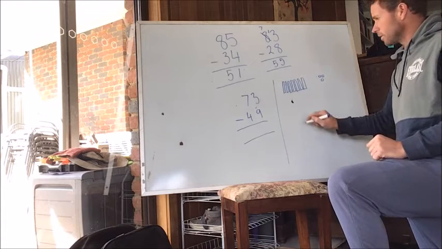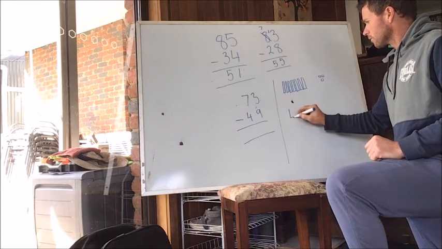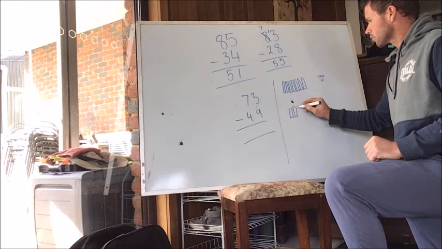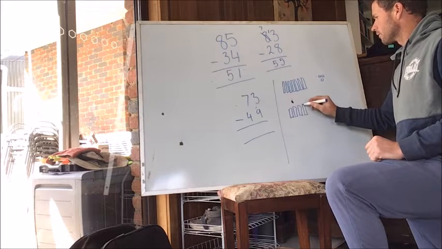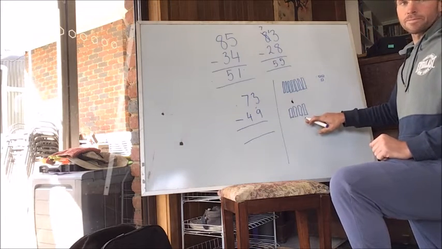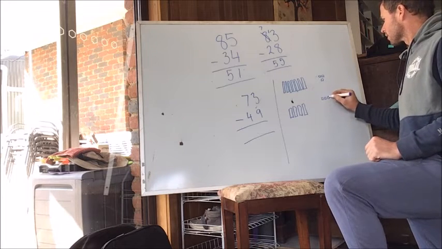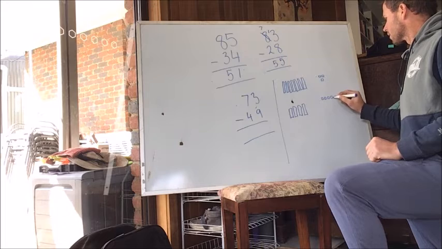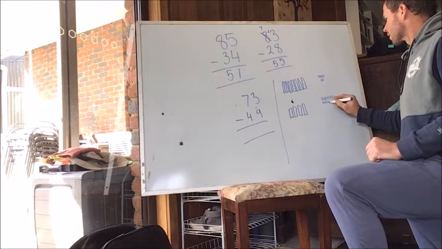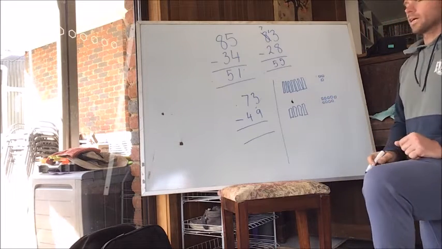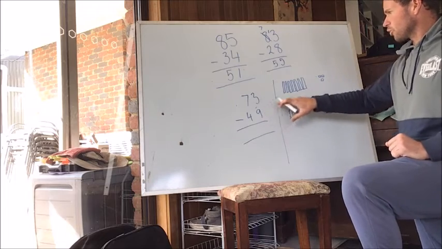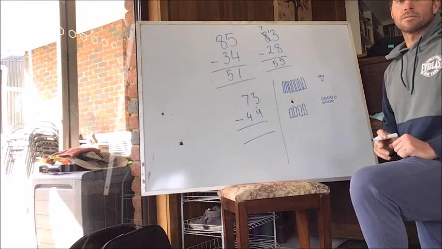Now I need to make 49. So we've got 1, 2, 3, 4. So there's my 40. Now I need the 9. Okay, so that's what this looks like with MAB.